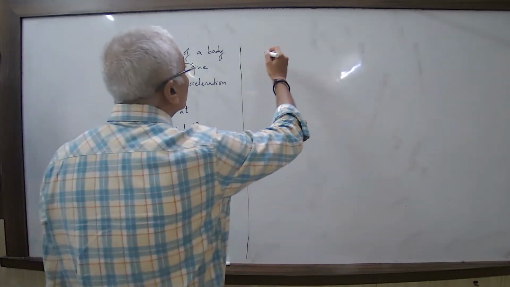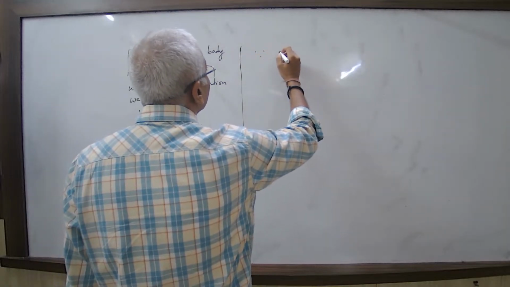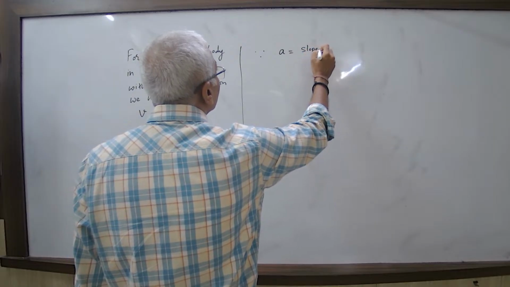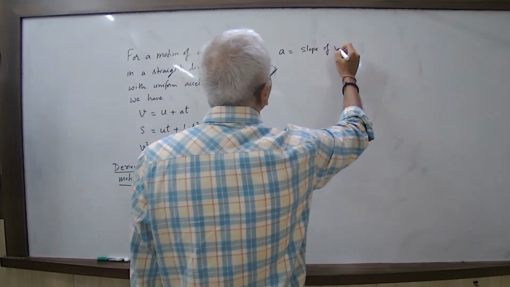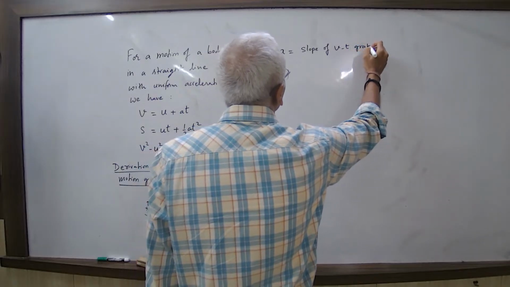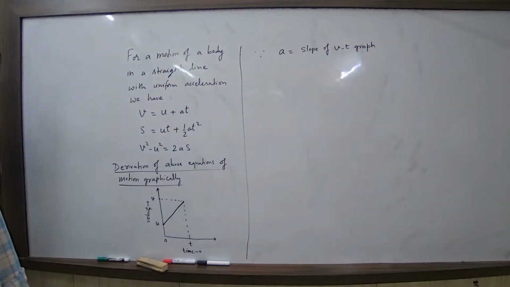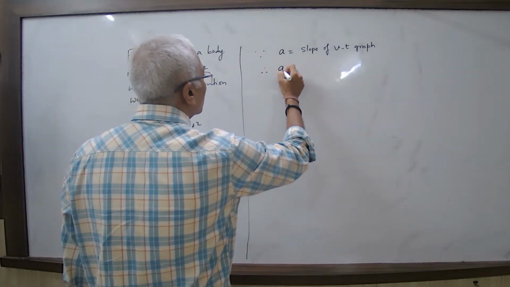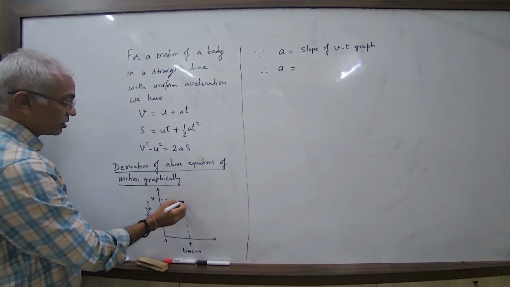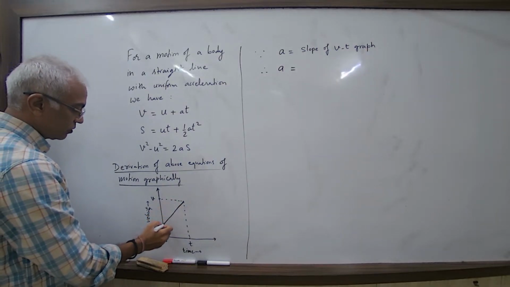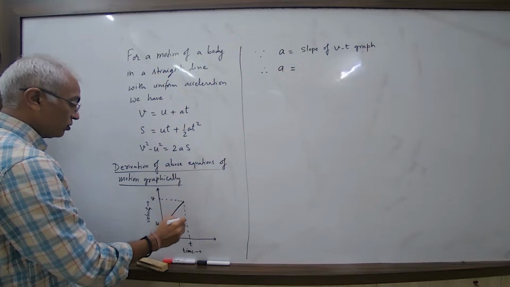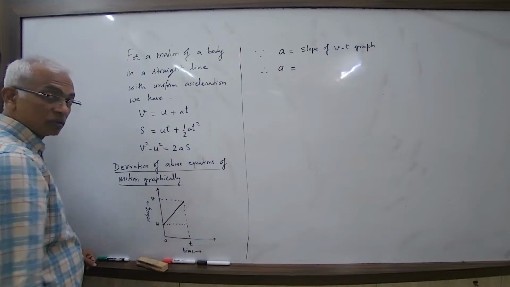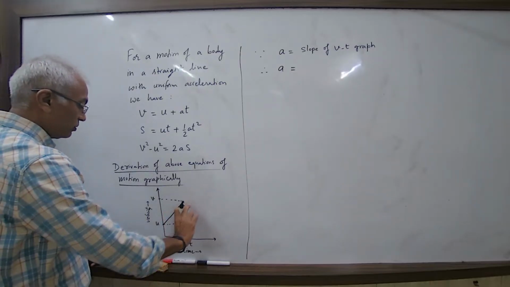Now let's find out the relation. From the graph, since a is equal to the slope of the VT graph, we know the acceleration is given by the slope of the VT graph. So what is the slope here? Therefore, a is equal to, consider this point and this point. This divided by this will be the slope. So what is this value? V minus u.